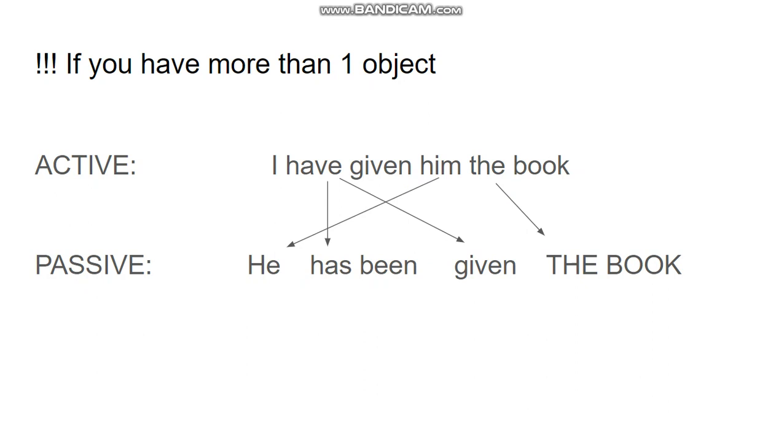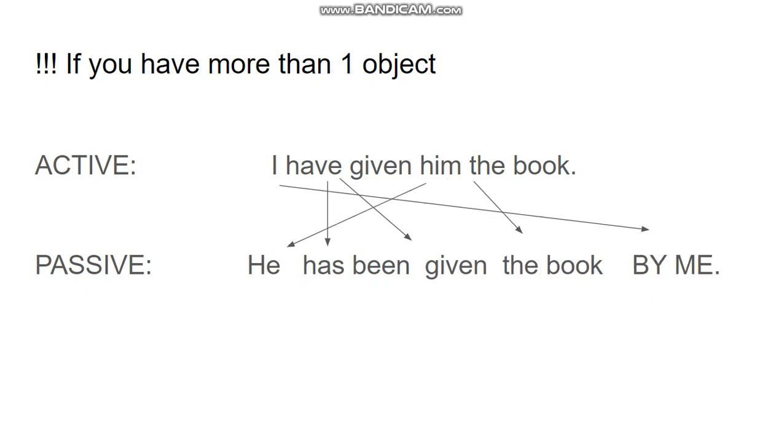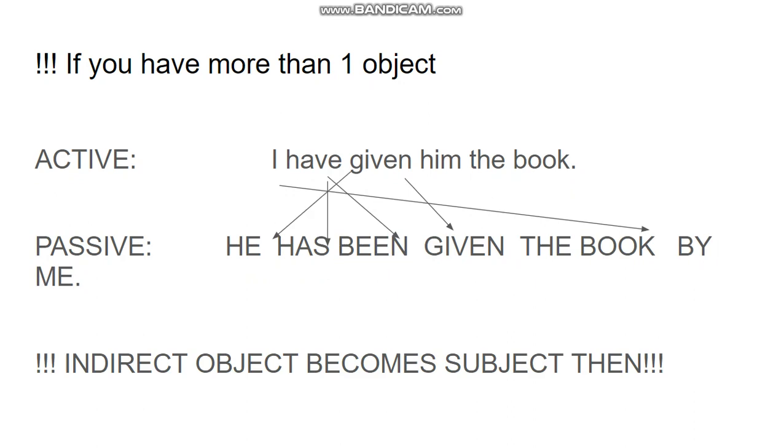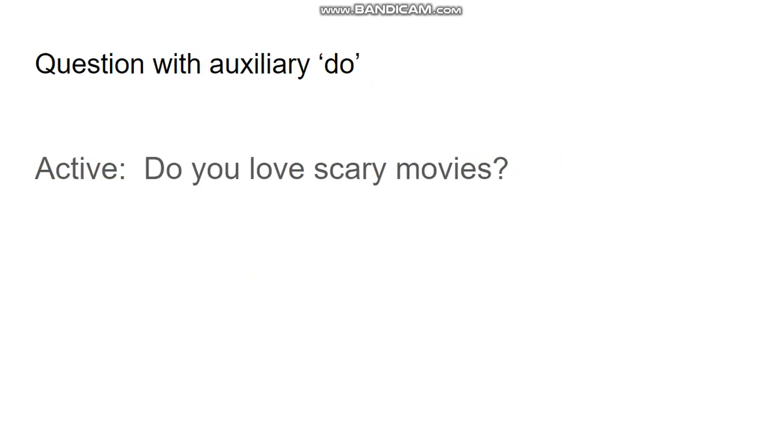So we don't have to change it to subject position because our indirect object is already there. "He has been given the book", by whom? By me. So it all stays the same, the only thing that changes is the fact that him comes in subject position. All right, something to keep in mind. Then, so that's what we discussed.